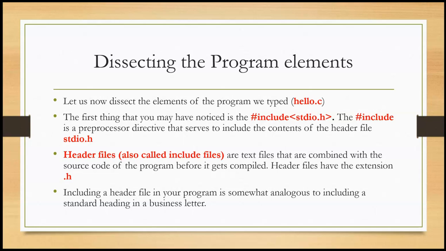Header files, which are also called include files, are text files that are combined with the source code of the program before it gets compiled. Header files have the extension .h.